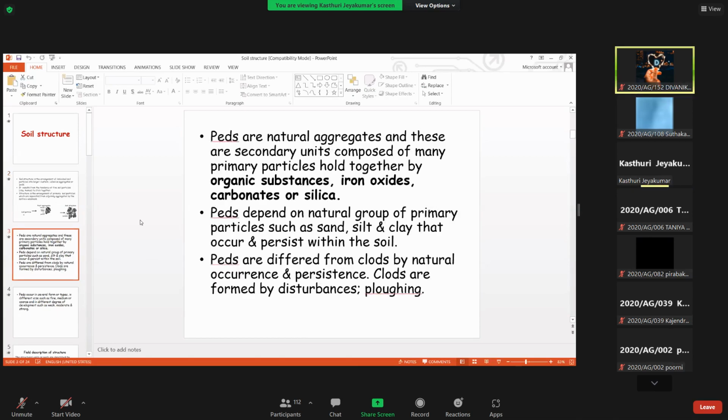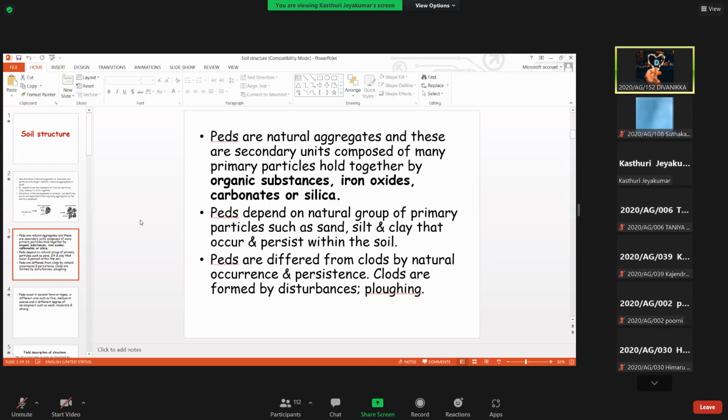Then second slide. Who is responsible? 152. Yes, ma'am. Okay, first read the slide, then explain. Peds are natural aggregates, and these are secondary units of primary particles held together by organic substances, iron oxides, carbonates, or silica. Peds are natural groups of primary particles such as sand, silt, and clay that occur and persist within the soil. Peds are different from clods by natural occurrence and persistence.